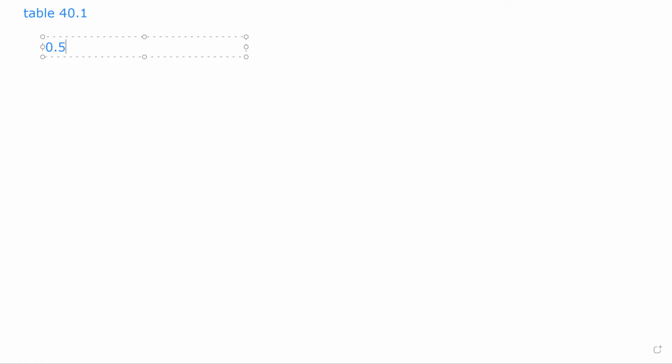So we have 0.5, and that's going to be 20. They give us that one to start with. So at 1 hour, that's going to be 40. At 1.5 hours, that's going to be 80. At 2 hours, that's going to be 160.